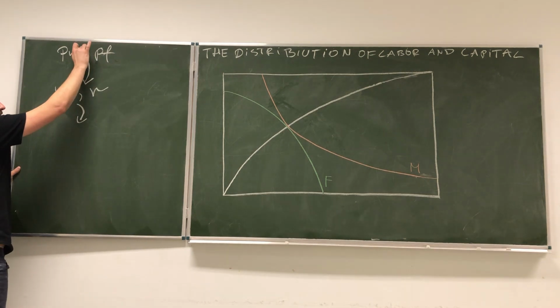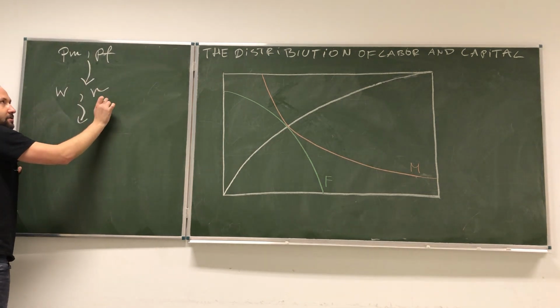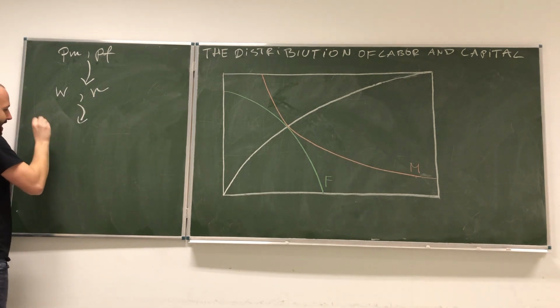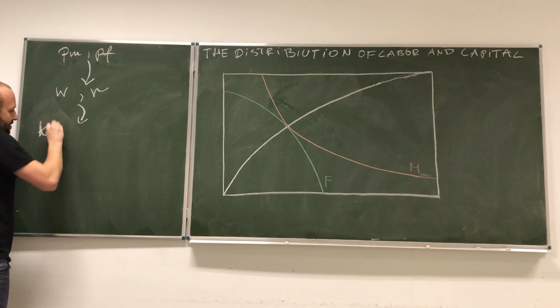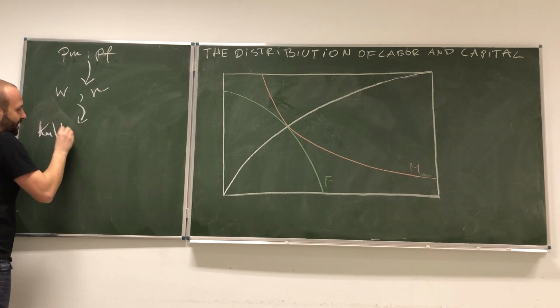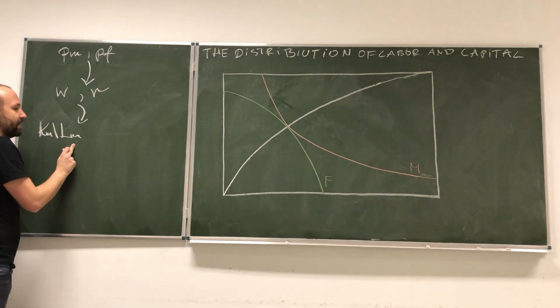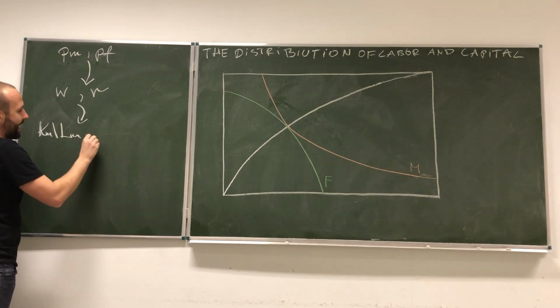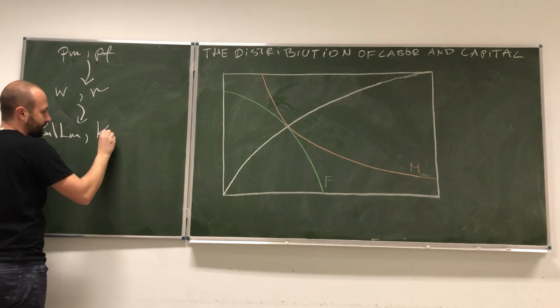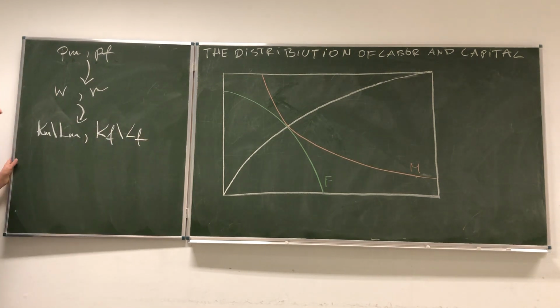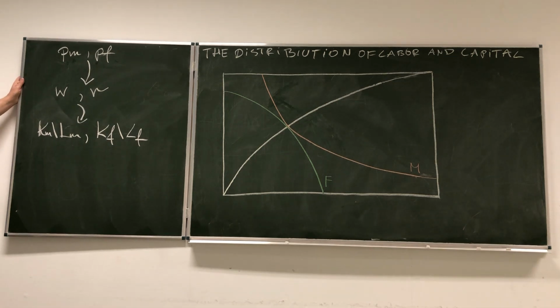So with prices known, rewards to the factors are known, and with rewards to the factors known, we know the optimal ratio of capital to labor in manufacturing and capital to labor ratio in food industry.